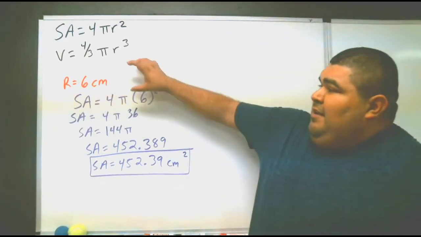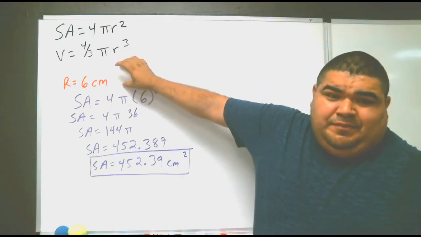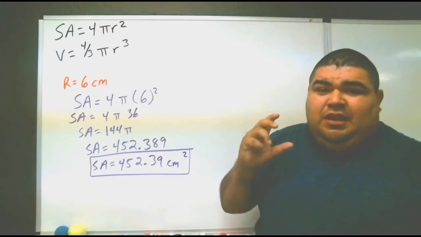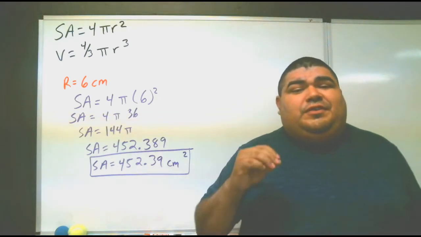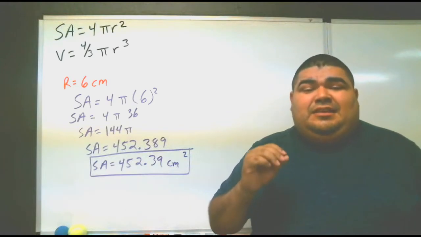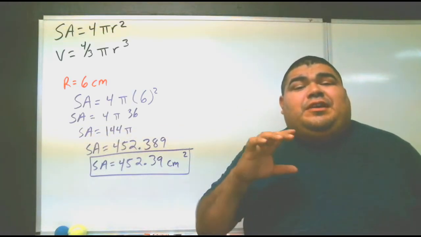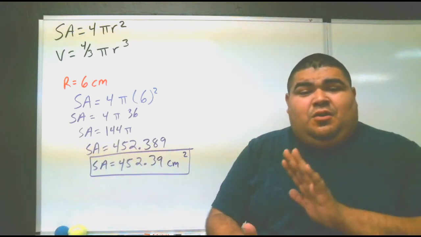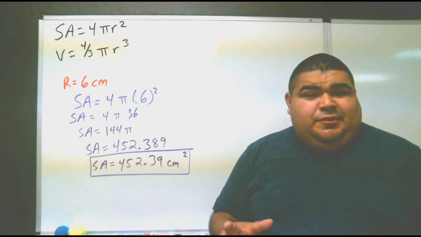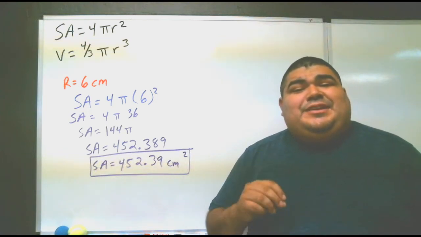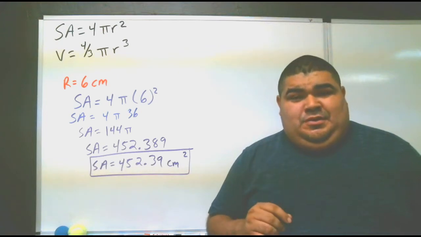Before we find the volume of the sphere, using the same radius, I will say this: since we already have our surface area for the sphere, technically we already kind of found our answer for a hemisphere. All you need to know is that when you're dealing with the hemisphere, you divide your answer in half compared to a sphere.